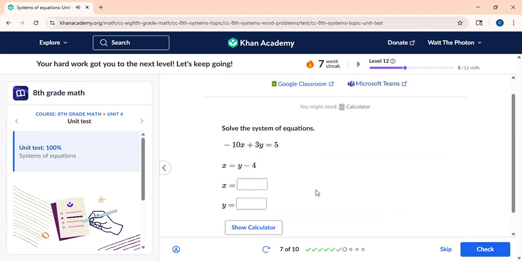Solve the system. -10y minus 40 plus 3y is equal to 5. We have 45 is equal to -7y.